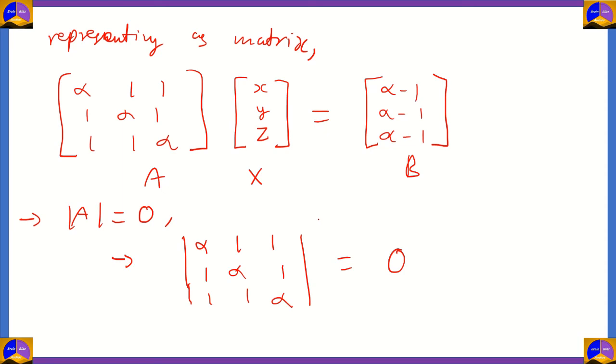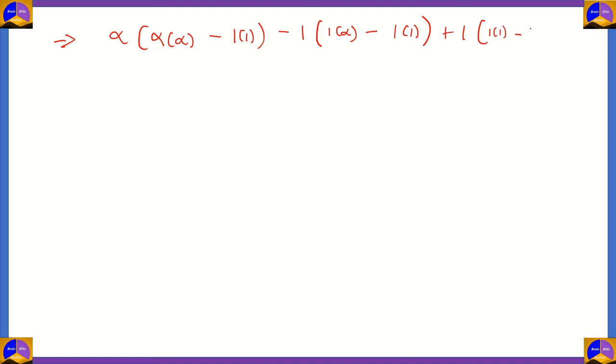When we expand along row 1, you will get alpha times alpha minus 1 times 1, minus 1 times 1 into alpha minus 1 into 1, and then plus 1 times 1 into 1 minus 1 into alpha. This expansion will be equal to 0.